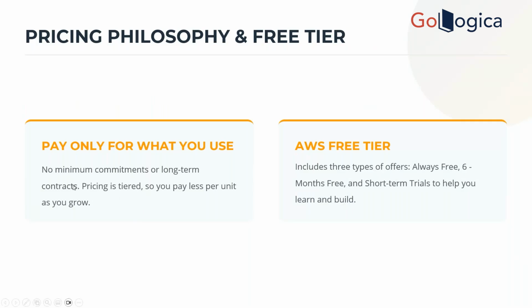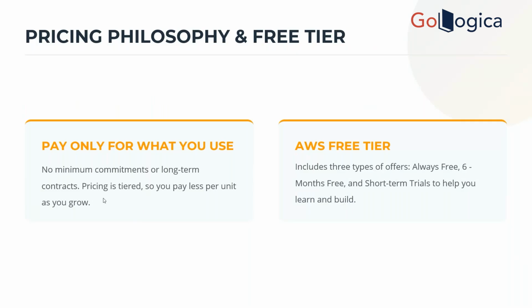Then when we say pricing is tiered, take our storage service that we just saw, S3, the Simple Storage Service. When you are using say 1 GB of space, it will be billed monthly. You pay for what you are using, so 1 GB space, you pay for 1 GB. Then they have different tiers. If you are using up to 100 GB, you need to pay say $5 per GB, for example.